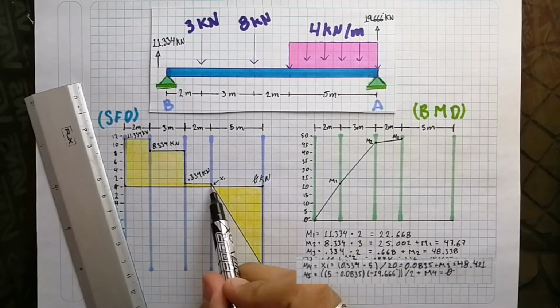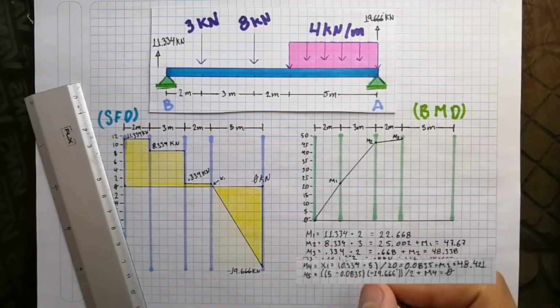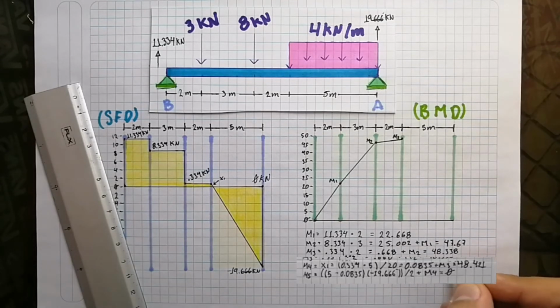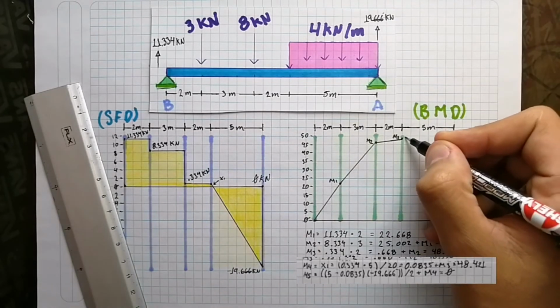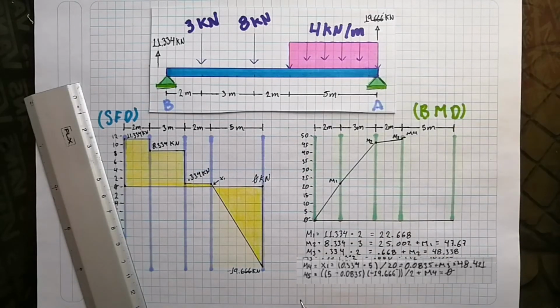Let's call this distance x, so we need to calculate 0.33 times 5 meters over 20. It is a rule of three, and we are going to have a parabolic shape. When the area is from a triangle, this is how it's drawn when the load is distributed.